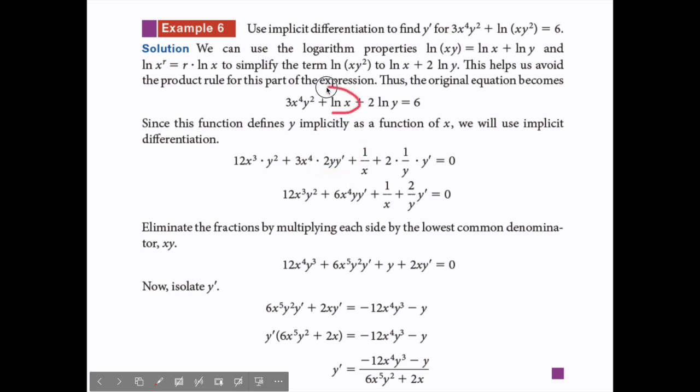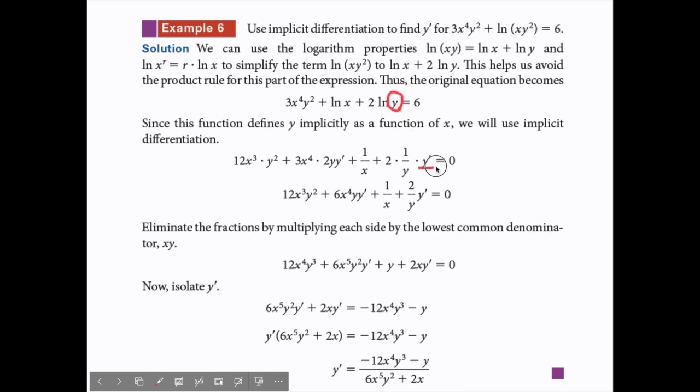Now when I take the derivative of the natural log of x, that's going to give me 1 over x. And when I take the derivative of 2 natural log y, it's going to be 2 times 1 over y, because it's going to be 1 over whatever this is, times the derivative of y, because this itself is a function.